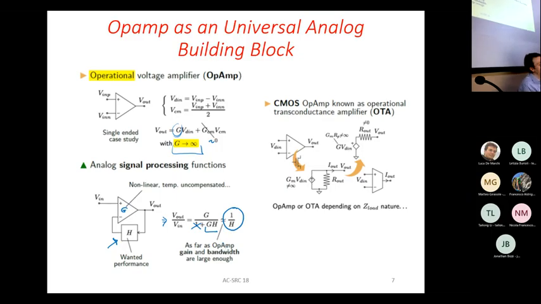So the idea is that this network here is made of passive components, typically resistors, or resistors and capacitors. Being made of resistors, you can properly trim the value of the resistors to achieve a precise gain with the implemented circuit.